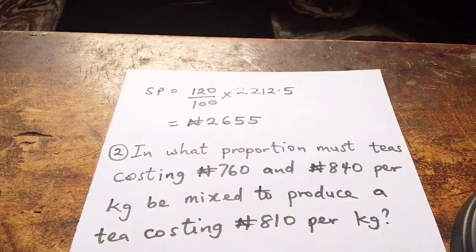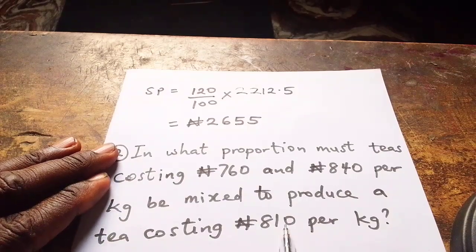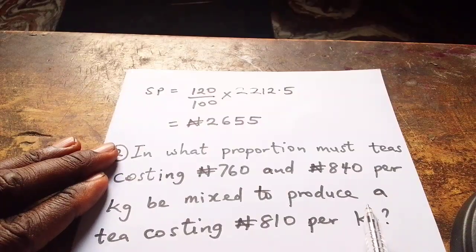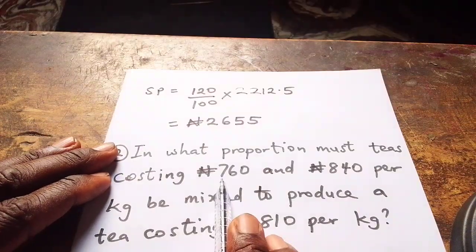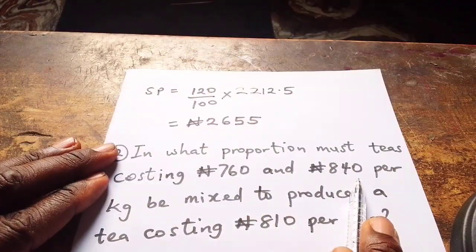Now you want to know the proportion in which you will mix that 840 naira and that 760 naira, such that his cost price will be 810 naira. So you want to reduce the cost price to be 810 naira.